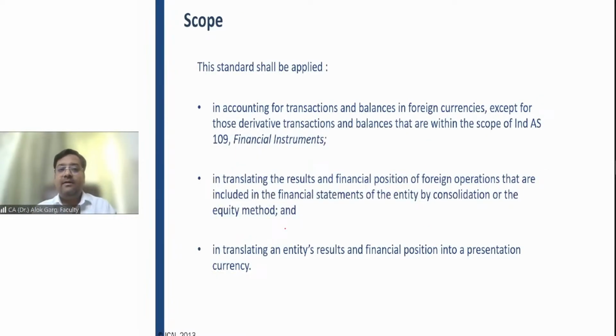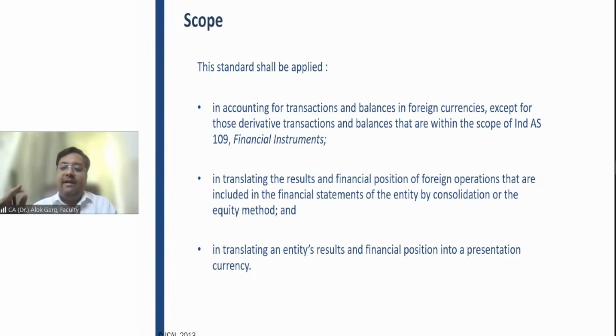Coming to the scope part, this standard shall be applied in accounting for transactions and balances in foreign currency, except for those derivative transactions and balances that are within the scope of Ind AS 109. From the next week, you will be able to learn the financial instrument standard, which is Ind AS 109, right?